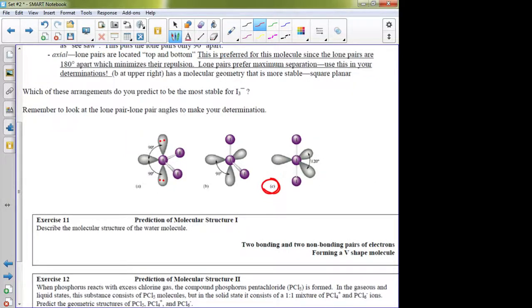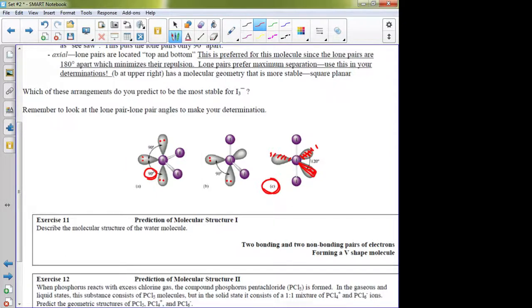If I have my electron pairs, what degrees apart are they here? Between this one and this one, and this one and this one? 90. Okay. Then between this one and this one, they're what? 90. On this one, notice I've got a lone pair going back into the board here, and then I've got a lone pair coming out at me here.